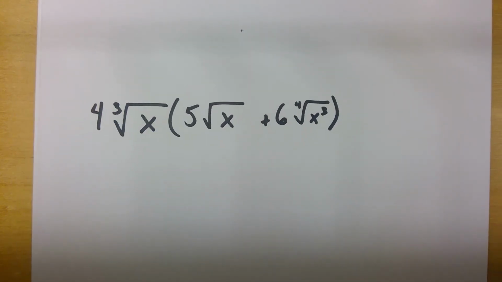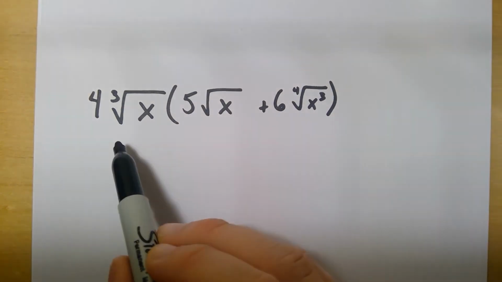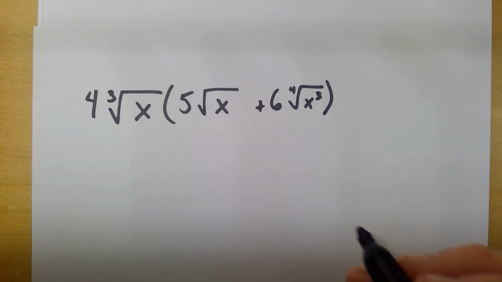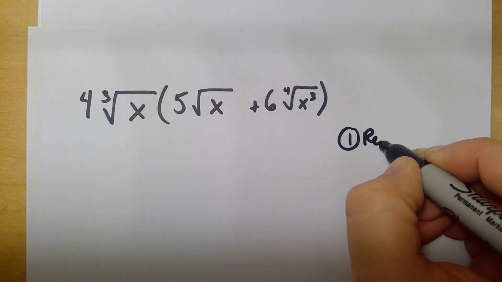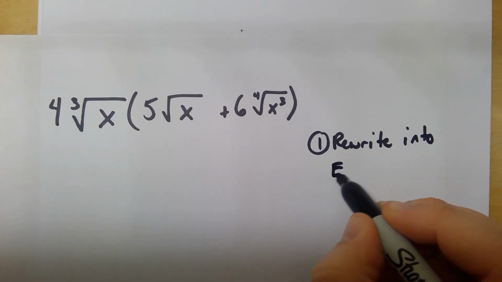Now, I want us to look at a problem that we've seen on some of our exams. I think we've seen a problem similar to this twice, where I'm wanting you to simplify this so we have 2 radicals. Okay, all this is distribution, but the first thing I'm going to do is rewrite into exponents.